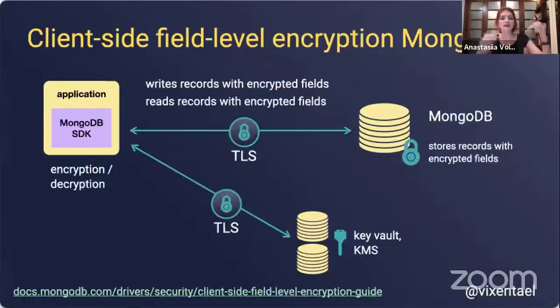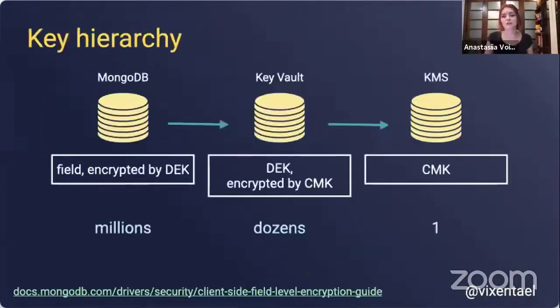MongoDB has an SDK that allows you to implement it. You just drag this SDK into your application and select which fields you would like to encrypt, and the application will communicate with Key Vault and with Mongo and store encrypted records. So in your MongoDB, you will have a mix of plain text records and encrypted records, because you just selected to encrypt some of them.